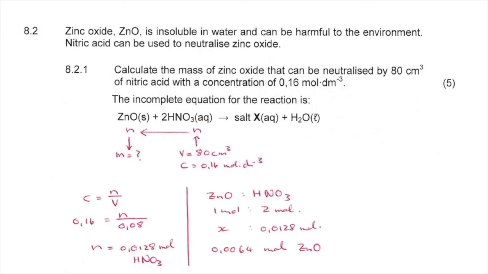Second step, going from HNO3 to zinc oxide. Now they react in the ratio, one of this will react with 2 of that. I've got the 0.0128 there, and it just means divide by 2 and I end up with 0.0064 moles of zinc oxide. And then we just have to convert to mass.